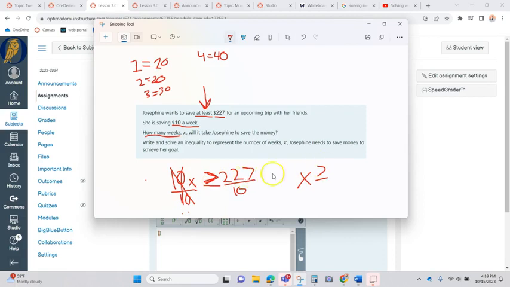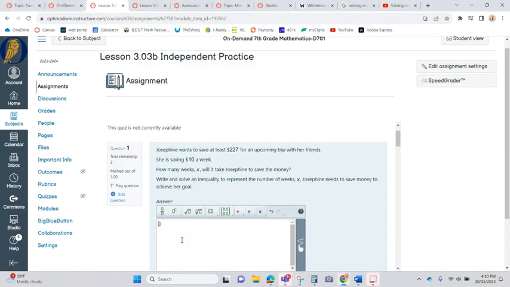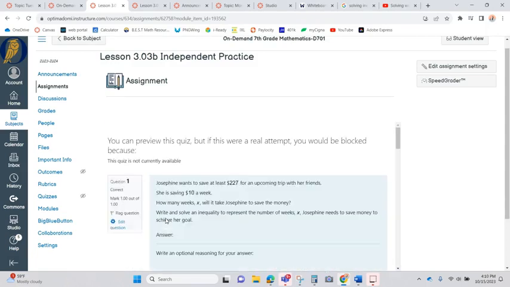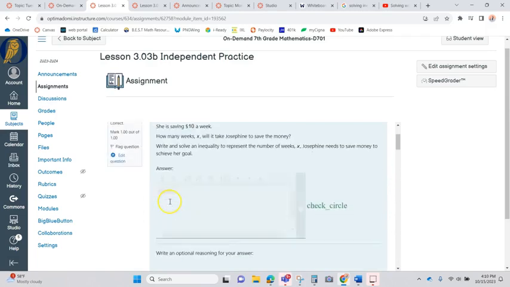The sign stays the same, and 227 divided by 10 is 22.7. So x is greater than or equal to 22.7. Check. Yay.